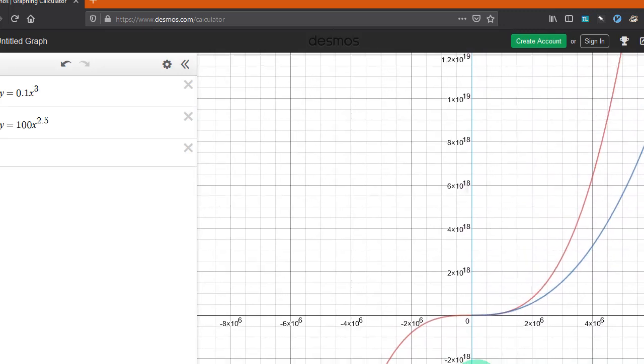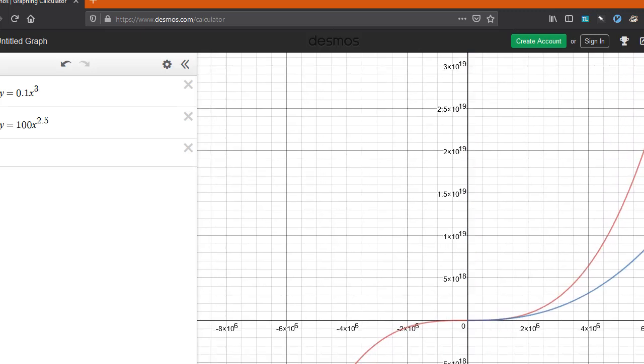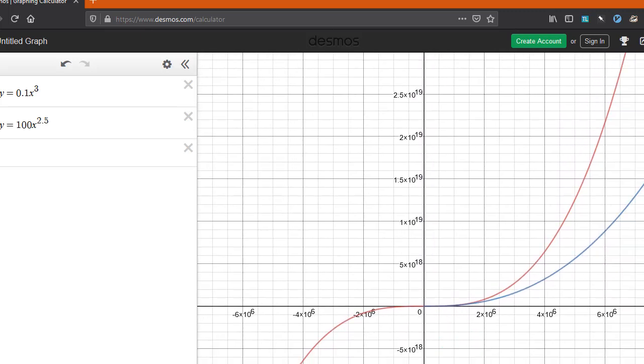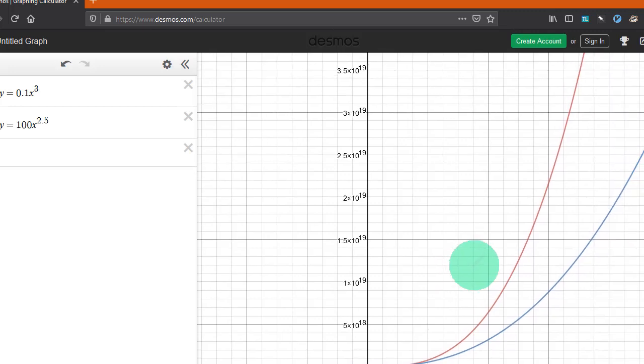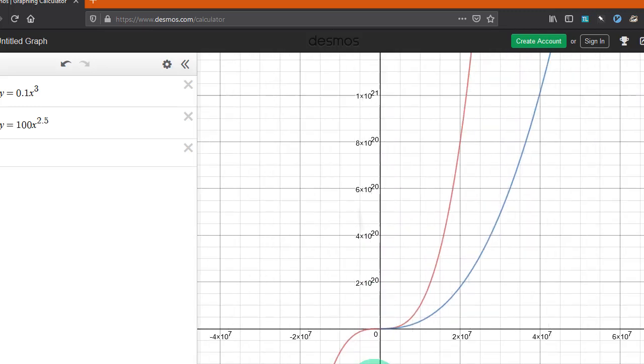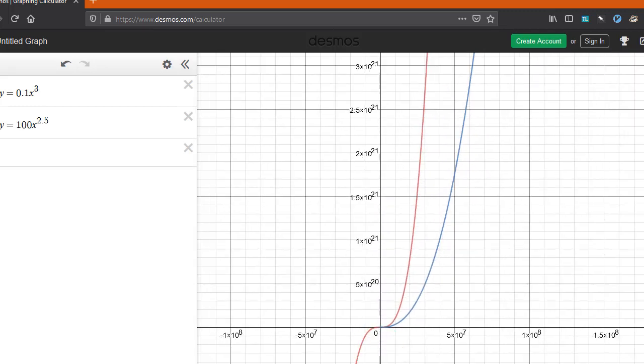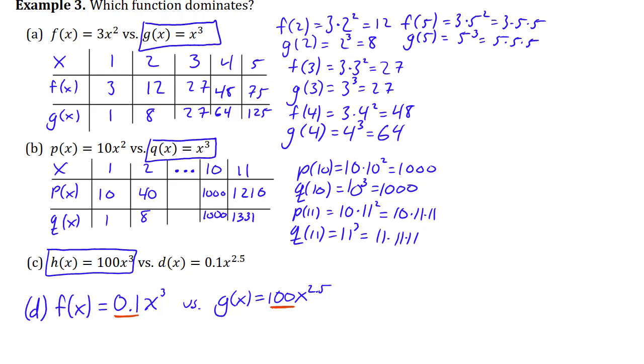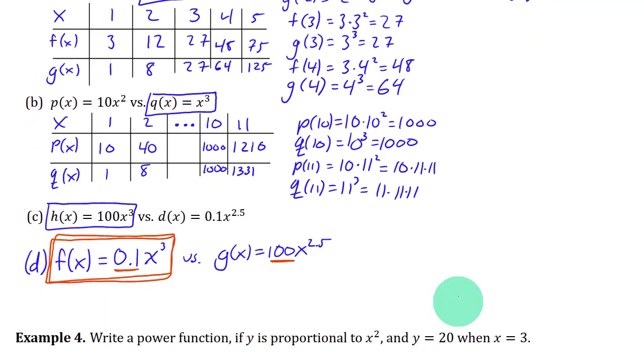And sure enough, if you keep zooming out here, you can see on this scale, looking like this is 2 million, 4 million, 6 million, and so on, then at this scale, you can see the red one is clearly dominating. In between these two, the one with the higher exponent wins. So yeah, for very large values of x, the bigger exponent wins.